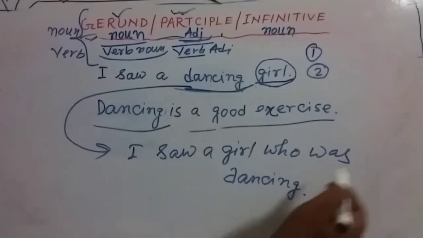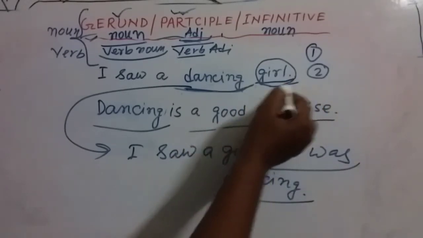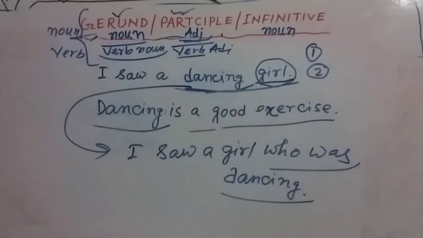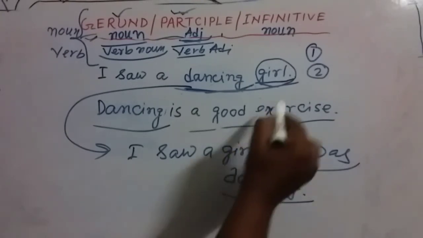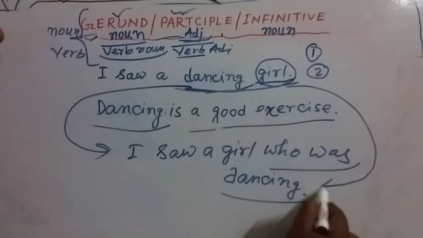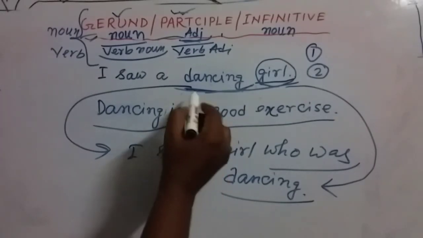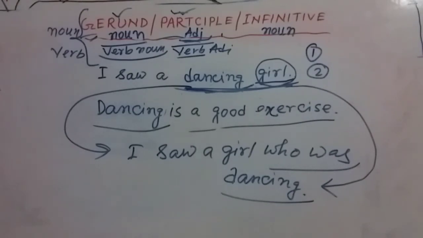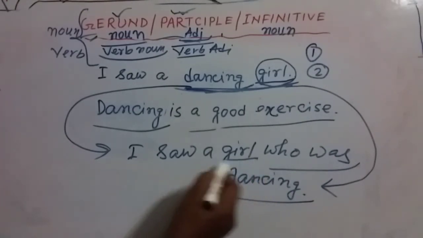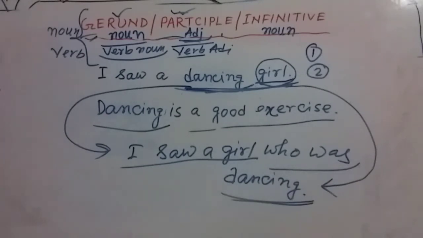Look at this part. Who was dancing? That means the dancing girl is entirely converted into an adjective clause. We just changed the form of these two words. I saw a girl who was dancing.